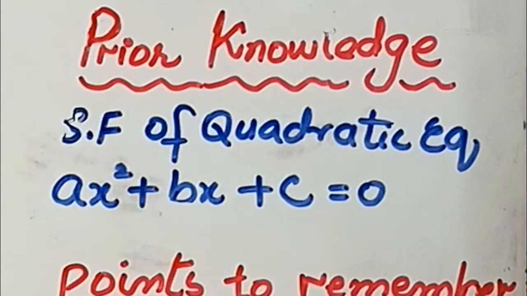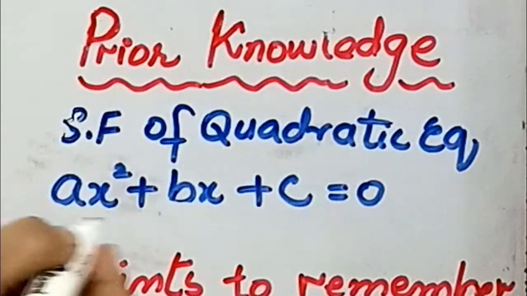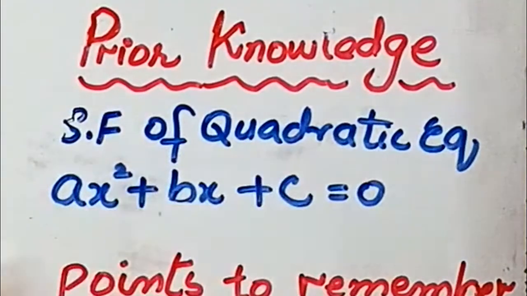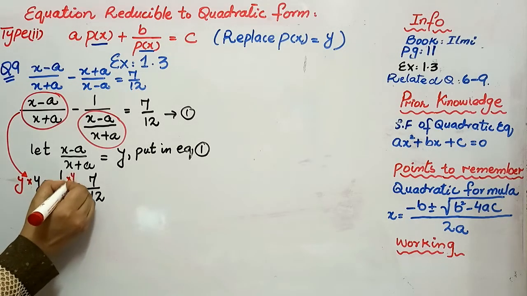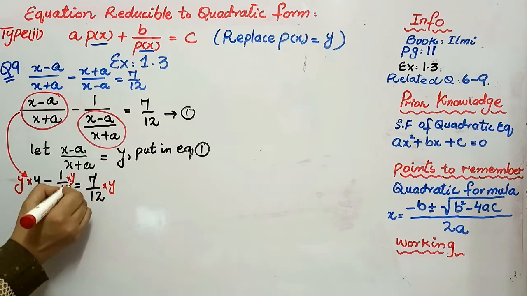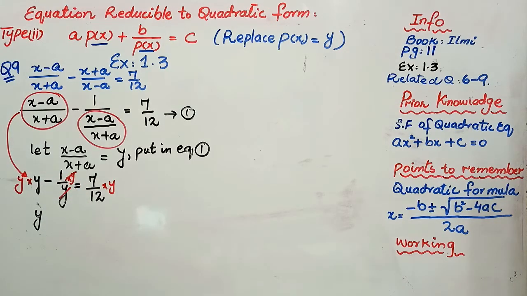We have to convert this equation into the standard form of the quadratic equation, that is ax square plus bx plus c is equal to 0. So we multiply by y, multiply by y and multiply by y. This will be cancelled.